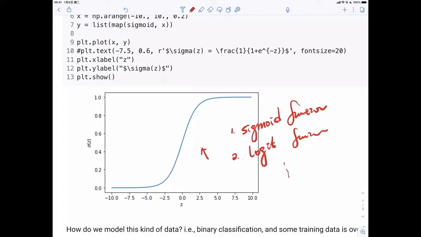The y is categorical data, and the value of y might be considered as a probability. The values on the y-axis are 0 and 1, but can be viewed as something like a probability.